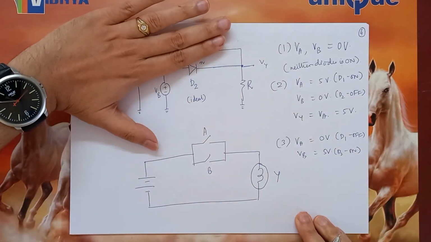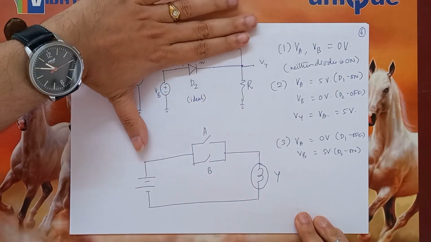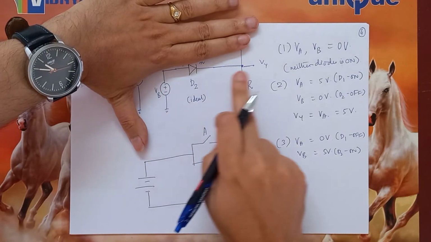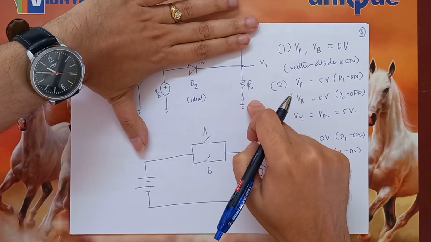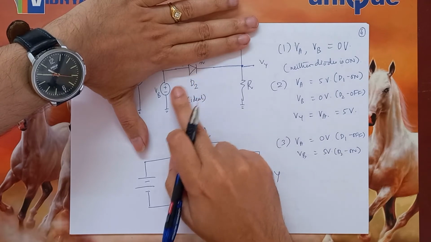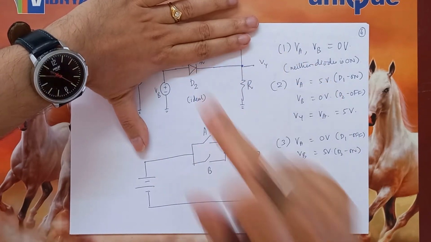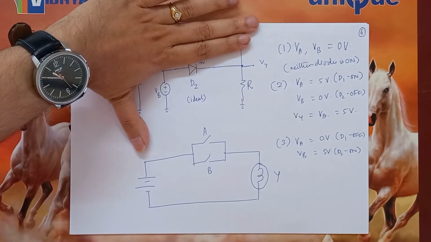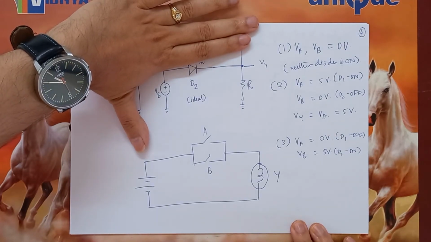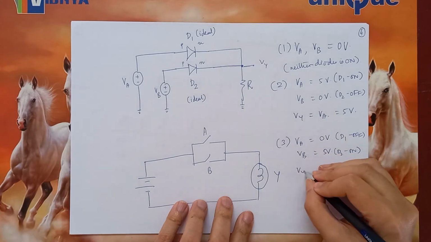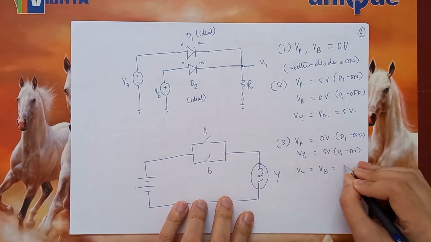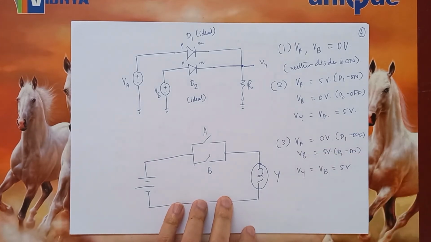Once again, it's like saying the top arm is not there. It's like an open circuit. So therefore, the voltage VY across this resistor R will be nothing but this VB, which is going to come over here, because this diode D2 is ideal and it will act like a closed switch. So therefore, VY will be equal to VB, which is nothing but 5 volts. So far, so good.